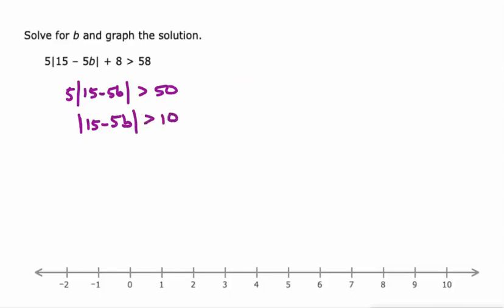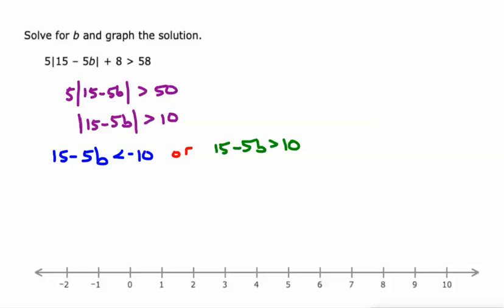All right, now I can write my compound inequality, which is 15 minus 5b is less than negative 10, or 15 minus 5b is greater than positive 10.